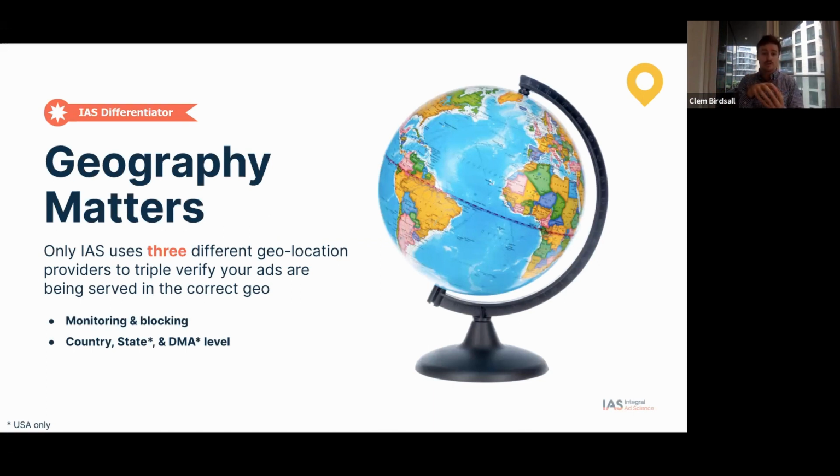So we work with 3 different geo verification partners to make sure that the ads are delivering in the right geography. That's the final pillar: they need to be brand safe, viewable, fraud-free, and in the area where you can actually sell the products.